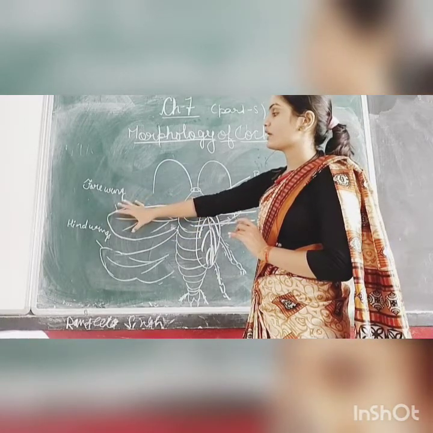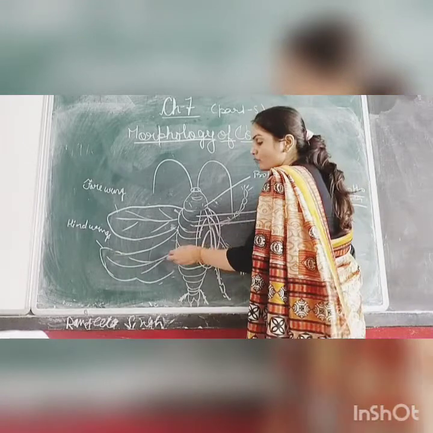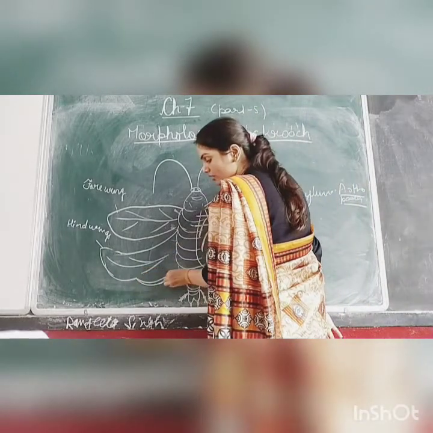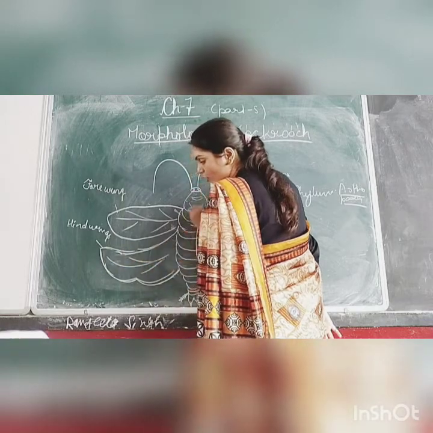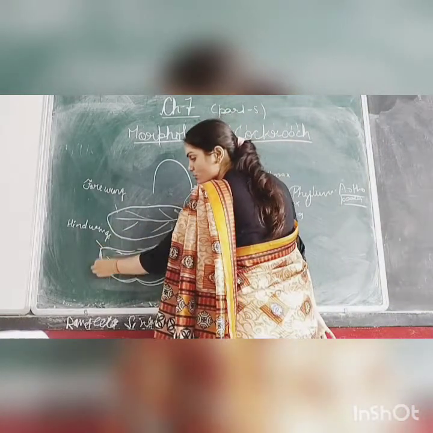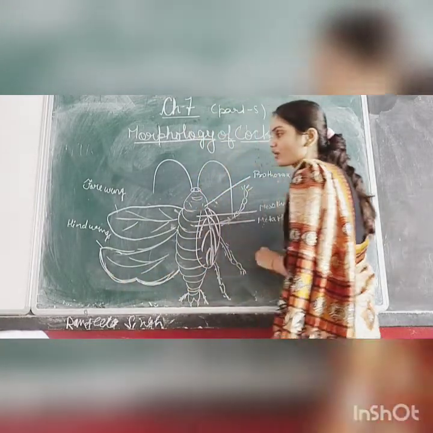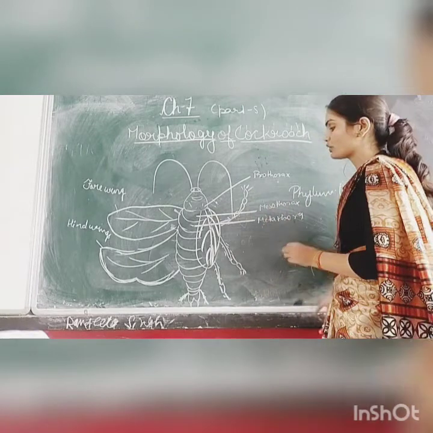The forewing is a simple structure, and the hind wing has a compound structure, showing a kind of bifurcation. So: forewing, hind wing, prothorax, mesothorax, metathorax.